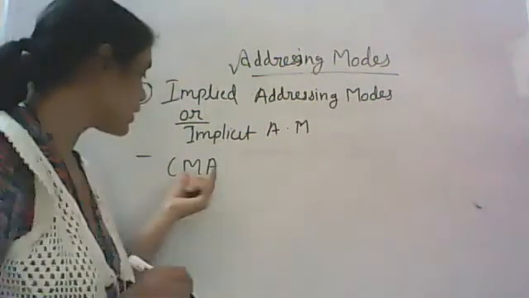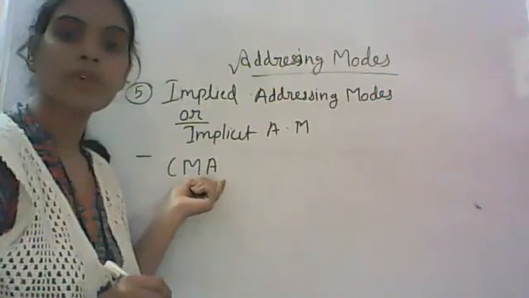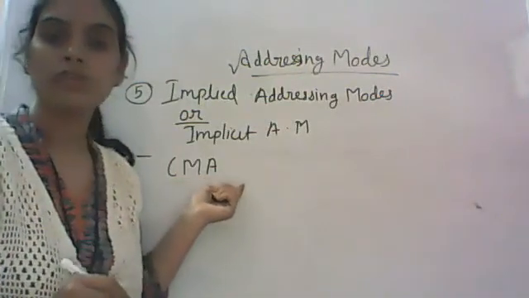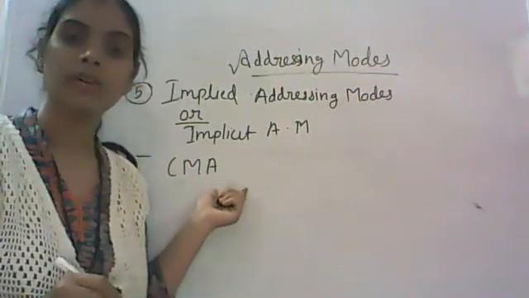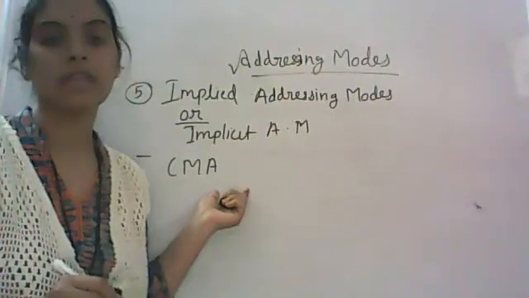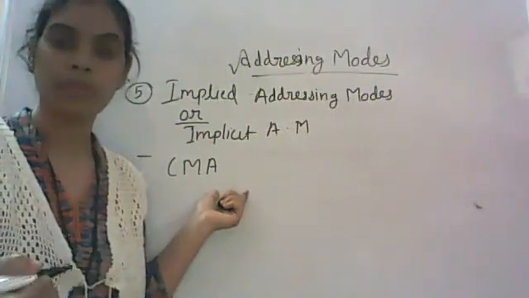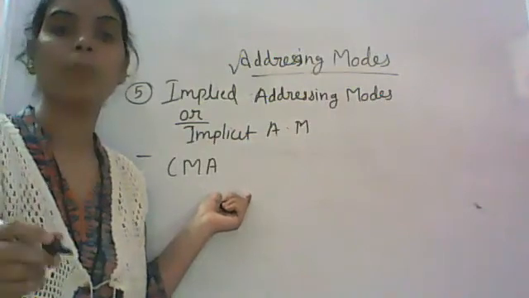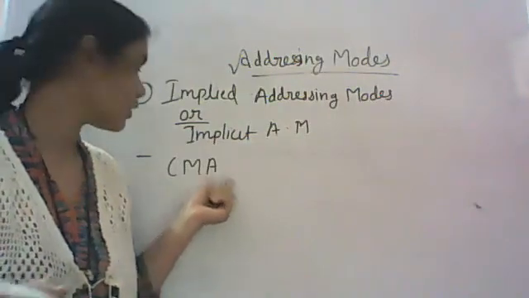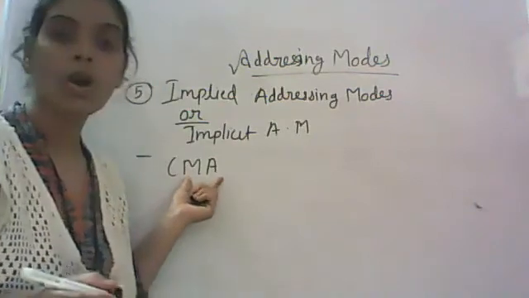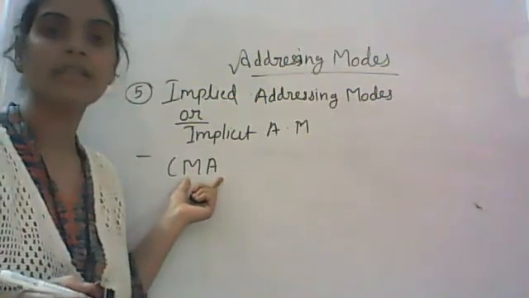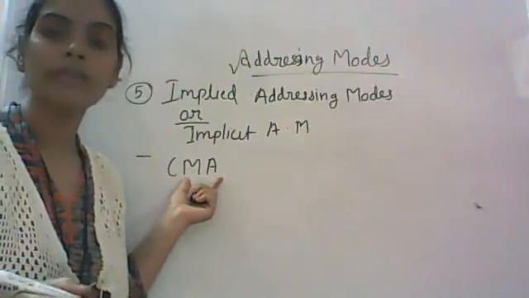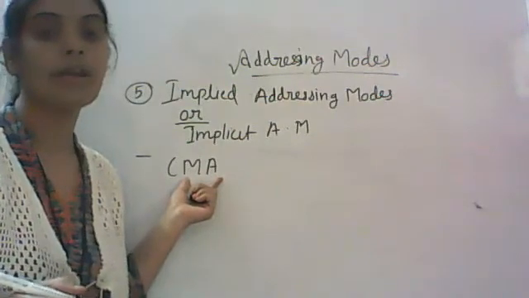Here, CMA is the instruction to find and store the ones complement of the content of accumulator A in A. In implied or implicit addressing mode, the operand is hidden.